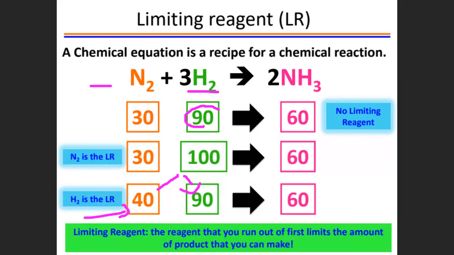So if you have 1 mole of nitrogen, you must have 3 moles of hydrogen. If you increase nitrogen a little, let's say 1.25 moles, but hydrogen is the same 3 moles, then 3 moles of hydrogen can only react with 1 mole of nitrogen, correct? So in that case, hydrogen will be the limiting reagent.